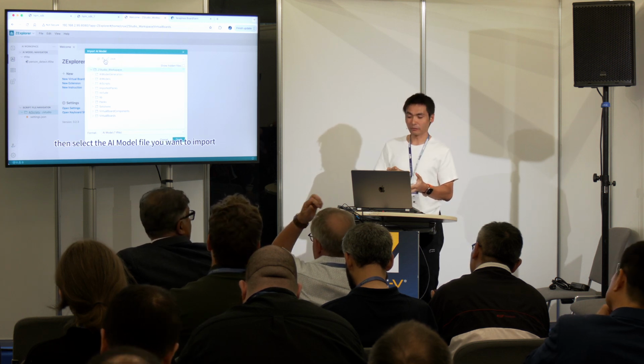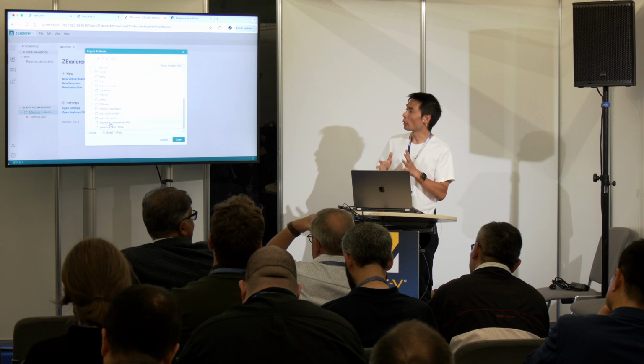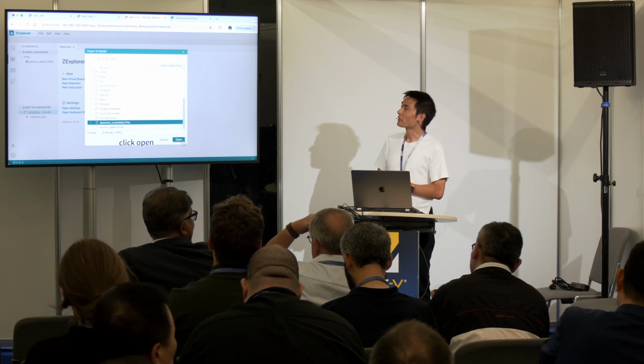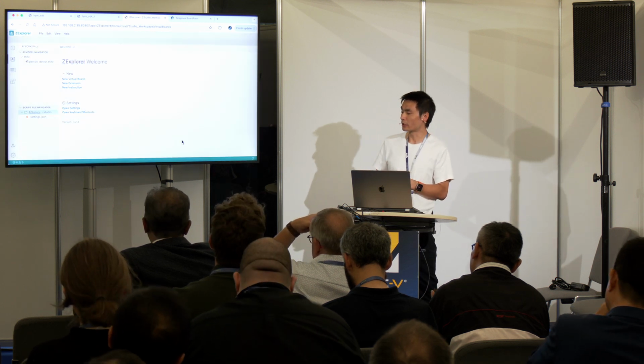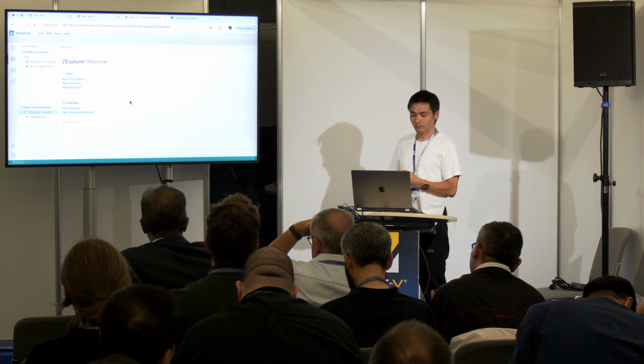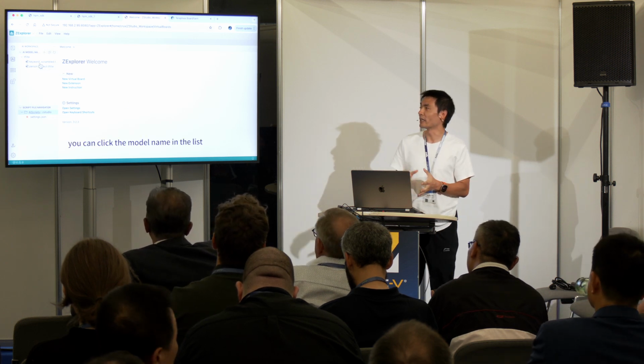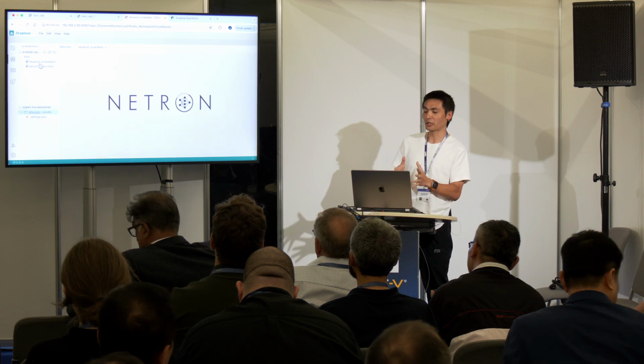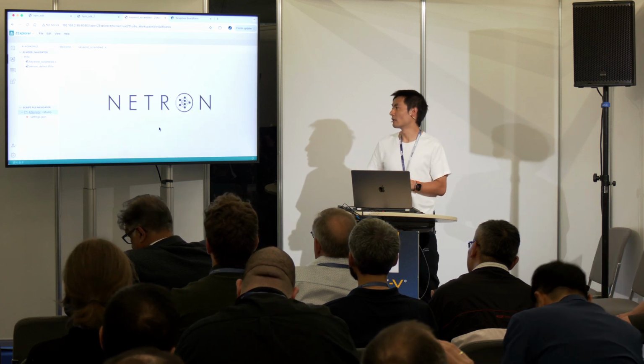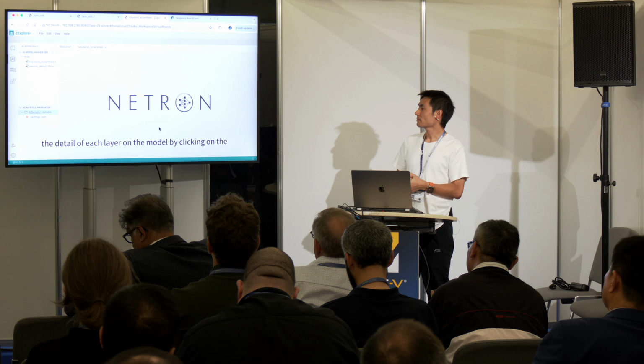Firstly, we need to locate the trained parameters for the keywords recognition. We can double-click the AI model to see the network architecture of the AI model.